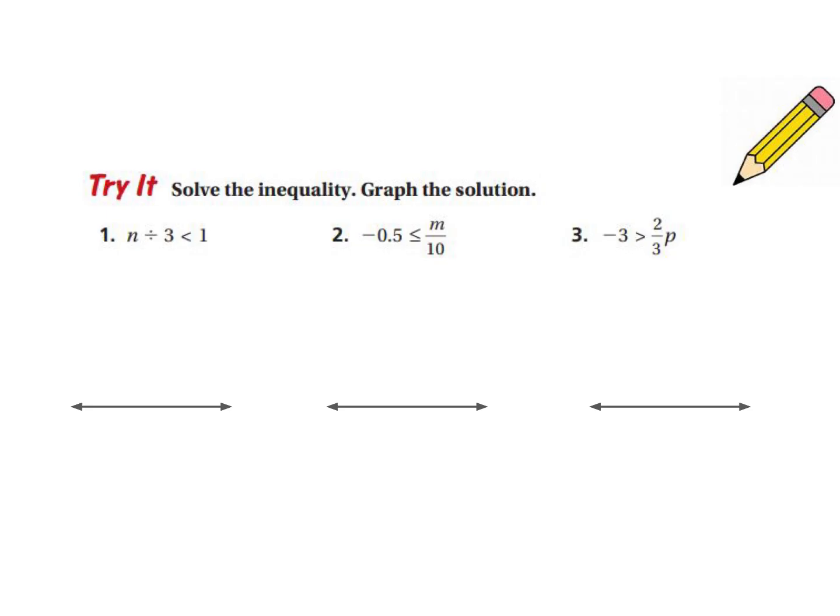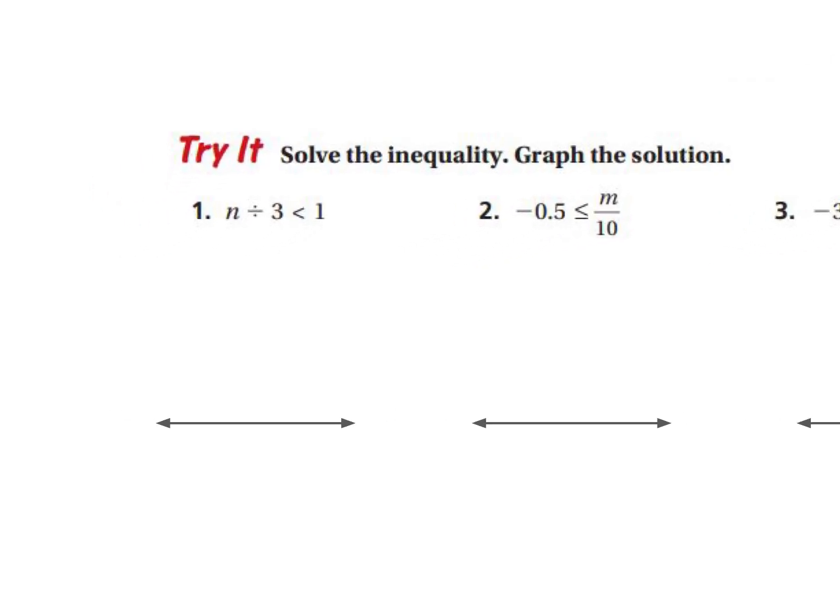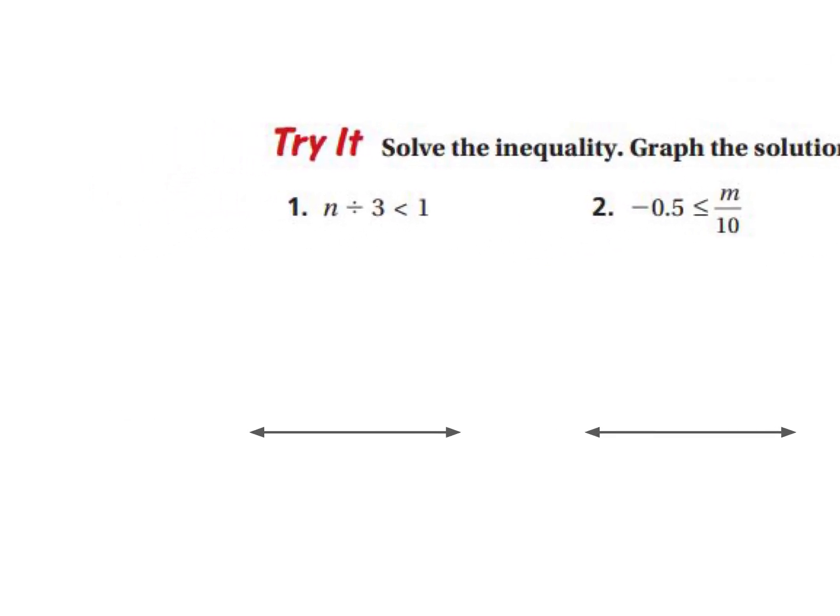All right, to start going through this, my first one, I have n divided by 3 is less than 1. Again, my opposite of division is multiplying, so I'm going to multiply by 3, and I'm going to multiply by 3. I'm going to stop and check. I'm multiplying by a positive. All good to go. Okay, so I have n left over here since these cancel. 1 times 3 is 3.